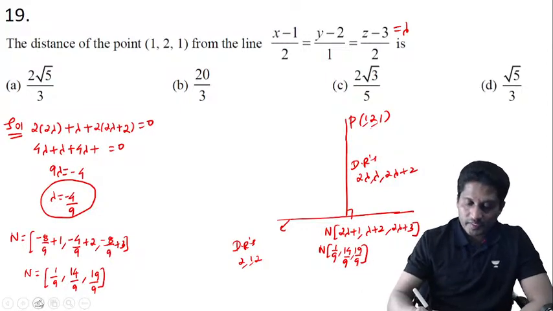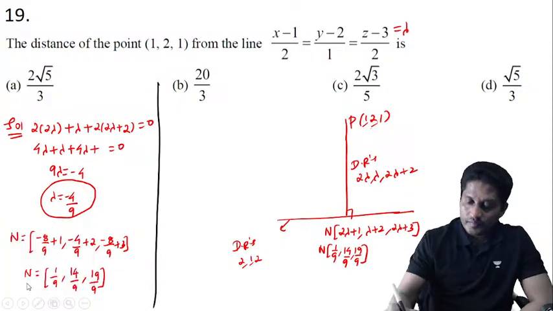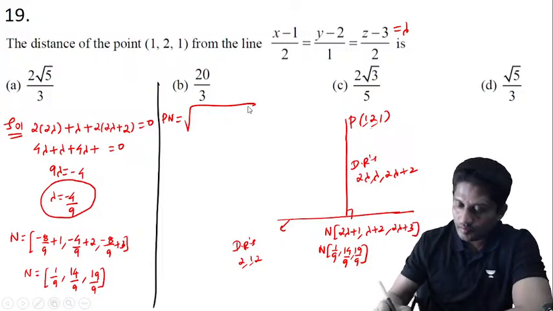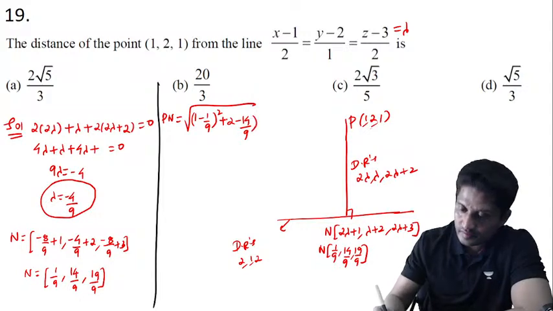Right, now if I use the distance formula, PN is equal to root of 1 minus 1 by 9 the whole square, and then you get 2 minus 14 by 9 the whole square, and then plus 1 minus 19 by 9 the whole square.